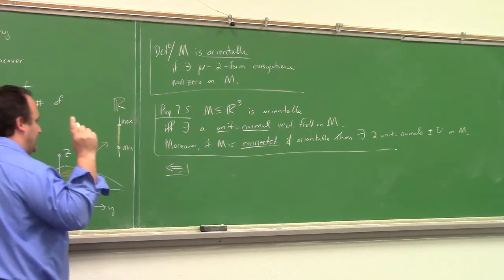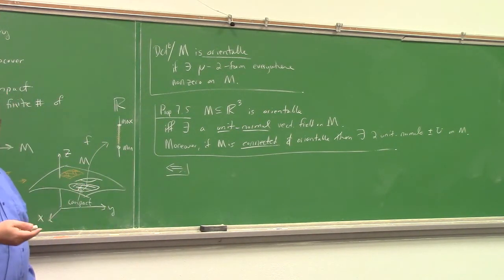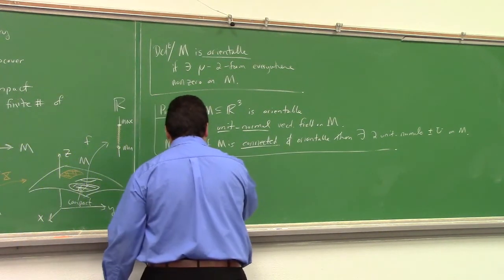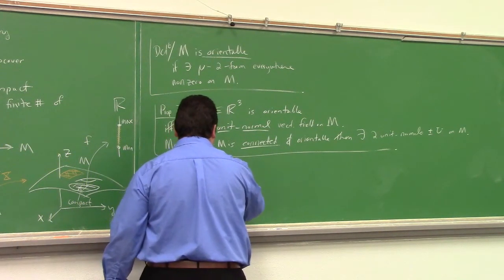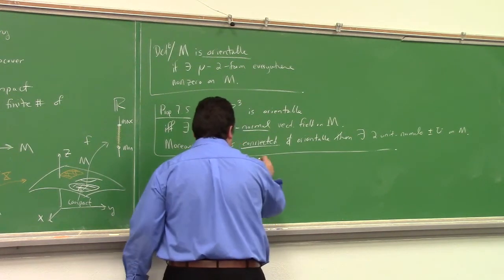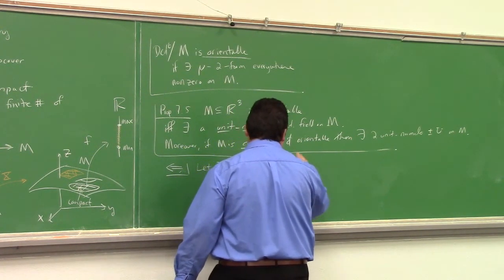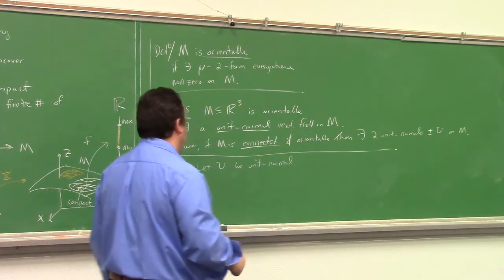So suppose that there exists a unit normal vector field on M for a second, and let U be the unit normal vector field.